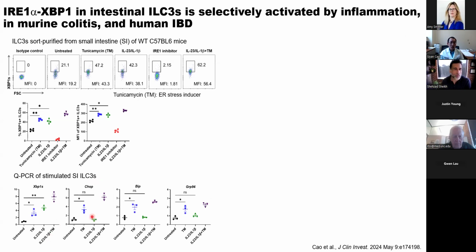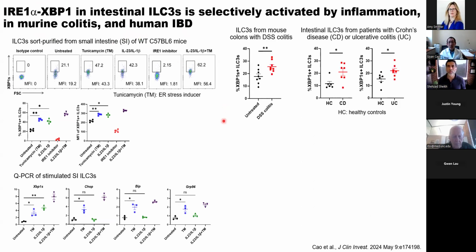In contrast, other ER stress components such as CHOP, BiP, and GRP94 basically were not affected by the inflammatory cytokines, suggesting that the activation of this pathway is specific for inflammation in ILC3s. And similar to the ex vivo cell culture, I also looked at the XBP1 expression in colonic ILC3s from mice with DSS-induced colitis.